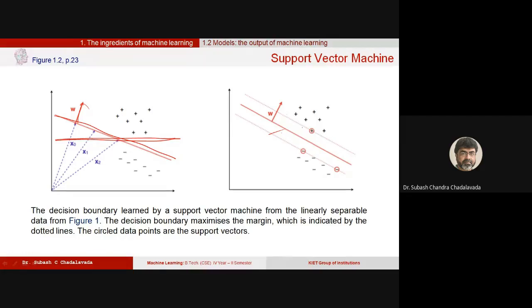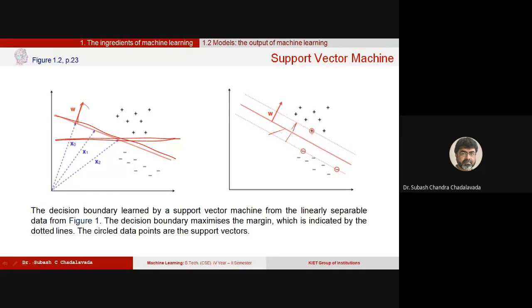This is the maximum, and these are equidistant from the boundary. So this distance and this distance are the same. So this becomes the margin of the boundary.